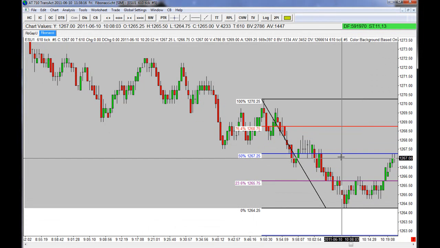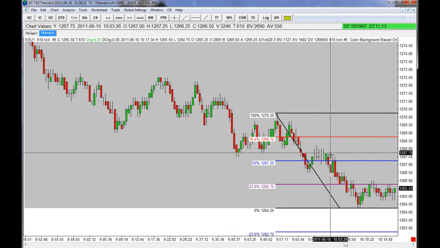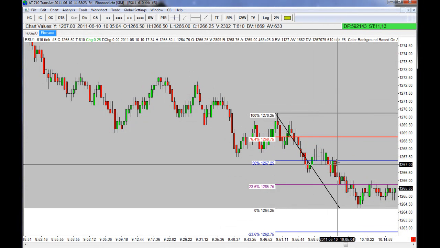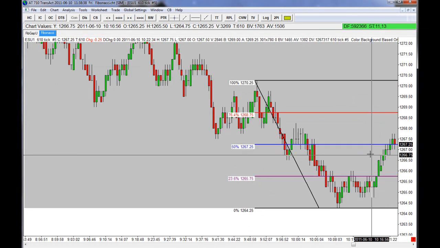Okay, and then I placed an order. As soon as I move the 0% line, I always move my orders. So I moved my order to 1267. It had a 5-tick target and a 7-tick stop loss. I got filled here.